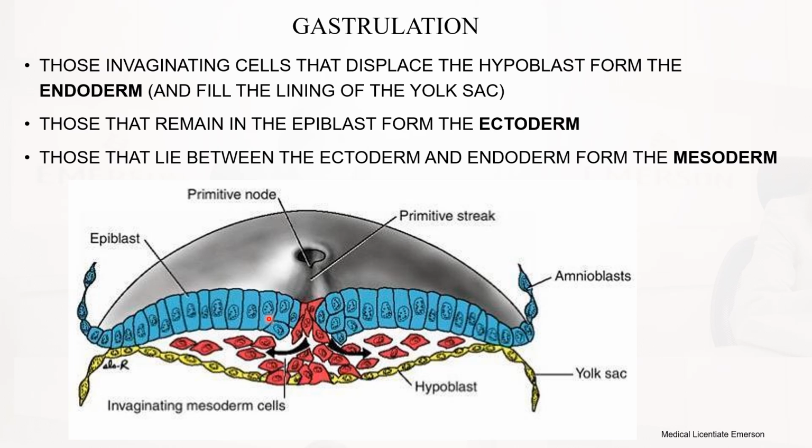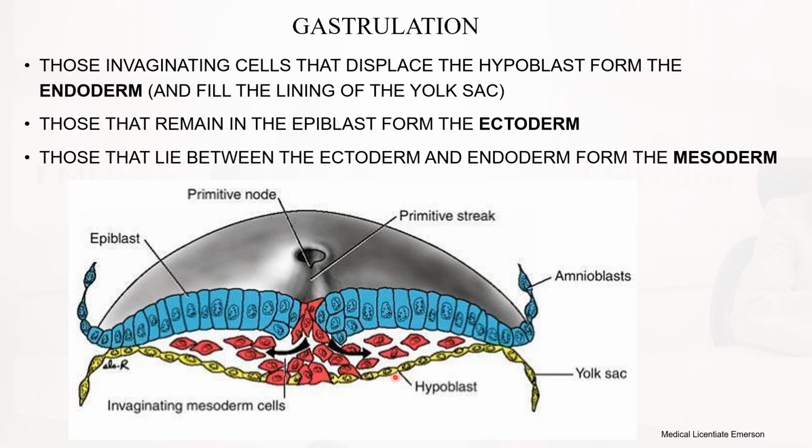So remember, we had the epiblast here. Pay attention to the point. We have the epiblast and the hypoblast. So number one, those invading cells that displace the hypoblast form the endoderm, which fills in the lining of the yolk sac.